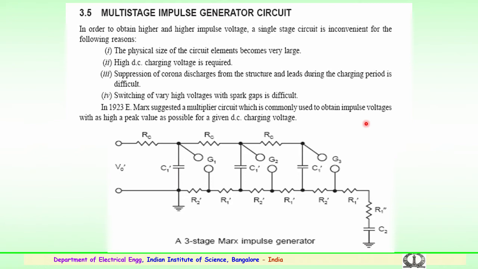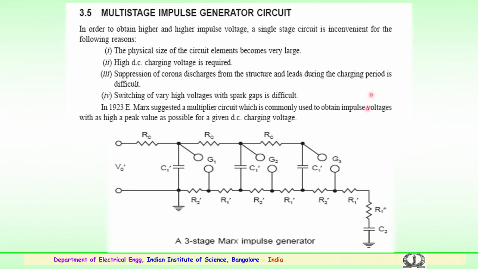Similar to the multiple stage DC generator, the multiple stage impulse generator is shown here. It is based on the Marx principle to obtain higher and higher voltage levels.